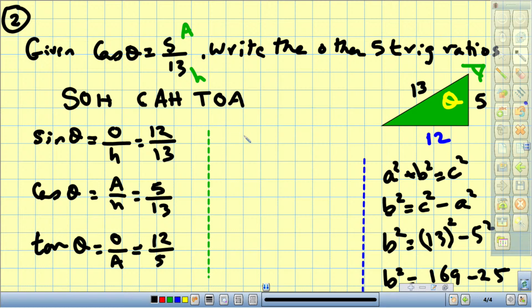Reciprocal means 1 divided by sine. No, what's the name of the function? Cosecant. Thank you. Cosecant theta. And you just flip this. It becomes hypotenuse over opposite, which is 13 over 12.